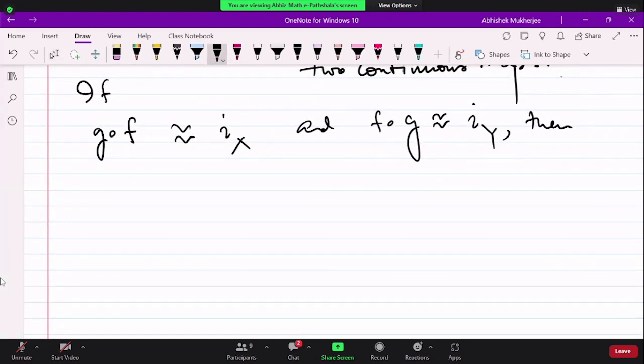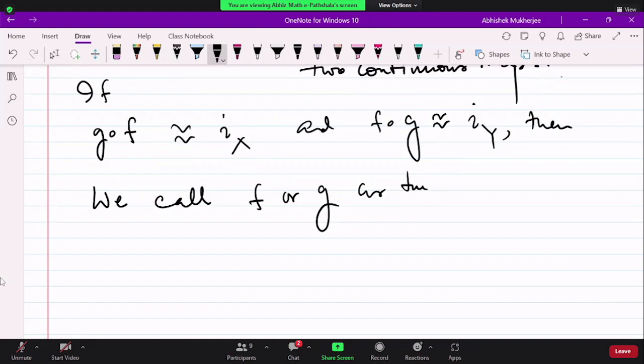Okay. Then we call F or G a homotopy equivalence.